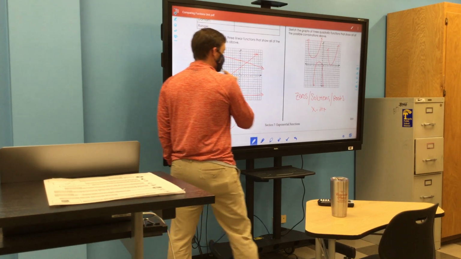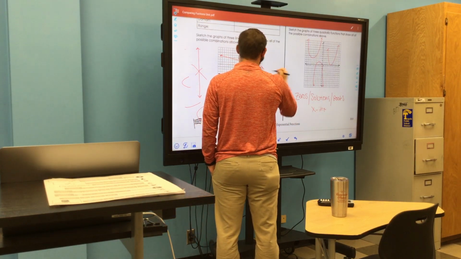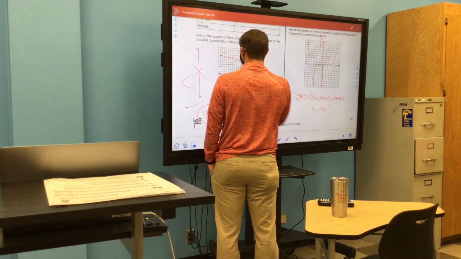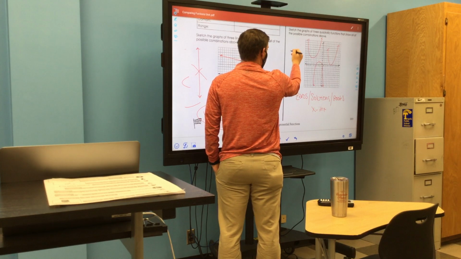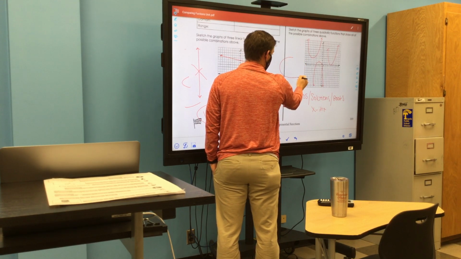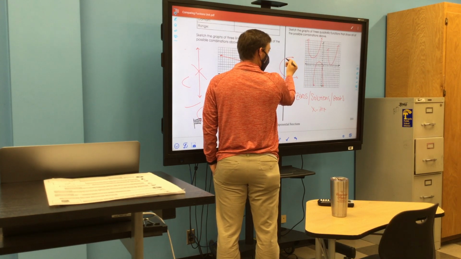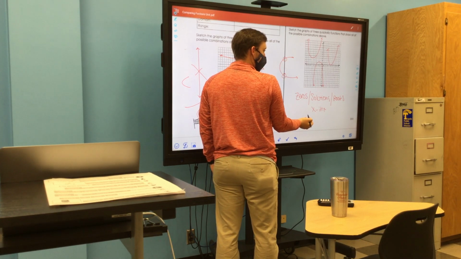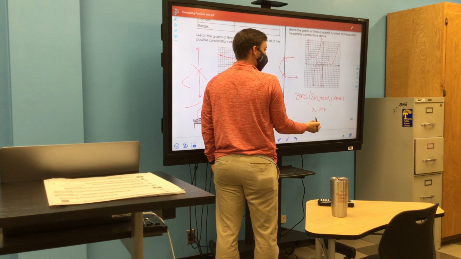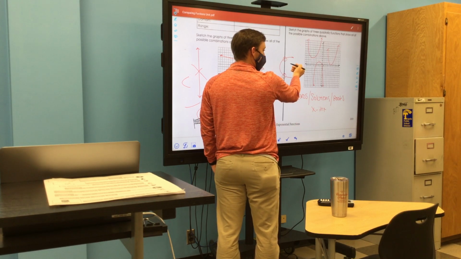But if I had a graph that looked like a sideways parabola, like we saw here, imagine this is my vertical line test. If I have a sideways parabola that looks like this, it's touching my vertical line here once and twice, and that makes it fail the vertical line test, which means that is not a function.